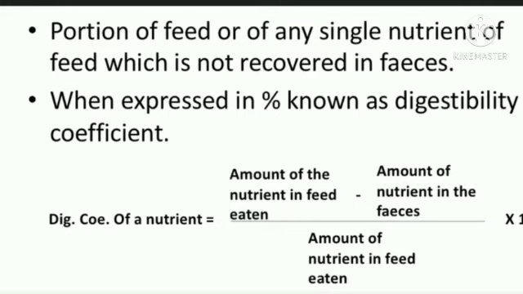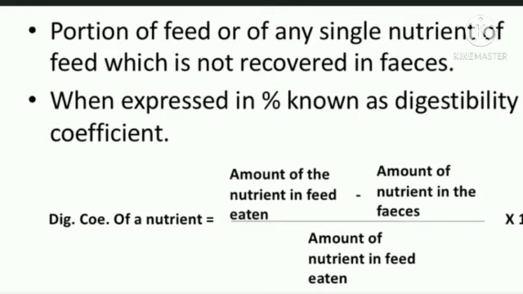If I go to calculate the digestibility, then I will divide that 3 by 5 into 100. So that is the digestibility. When expressed in percent, it is known as the digestibility coefficient. जब भी digestibility को हम amount में ना करके percent में express करते हैं, so that is the digestibility coefficient of the particular nutrient.